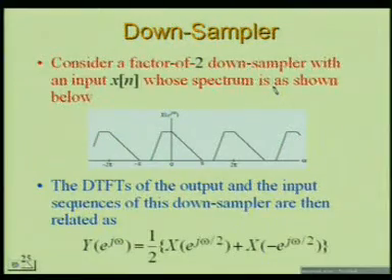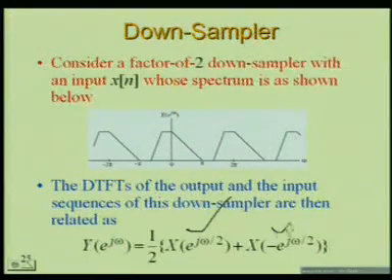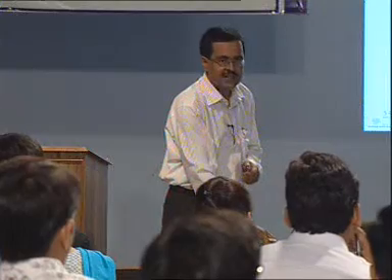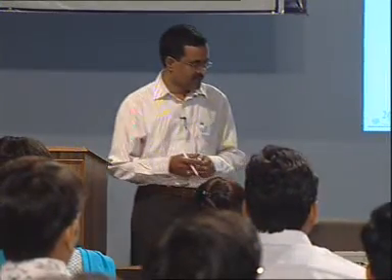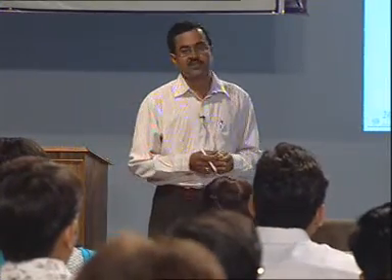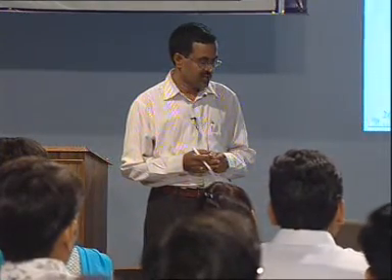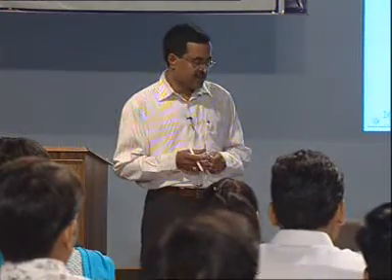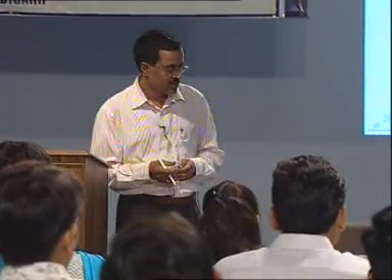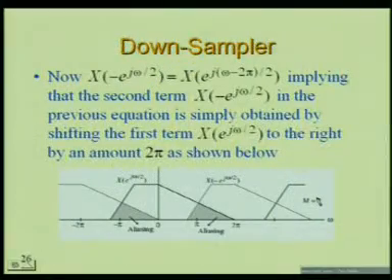Here this is called the first term, and this one is the second term; that is the meaning of the first term and second term. So, by shifting the first term we can get the second term. By shifting the first term X(e^(jω/2)) to the right by an amount 2π as shown below.